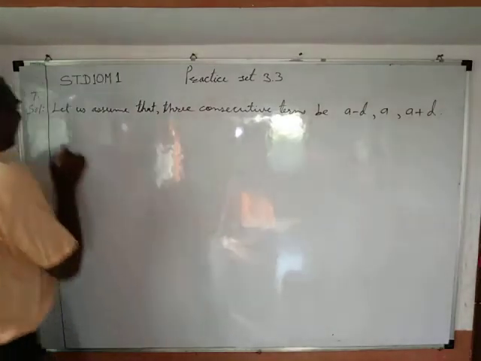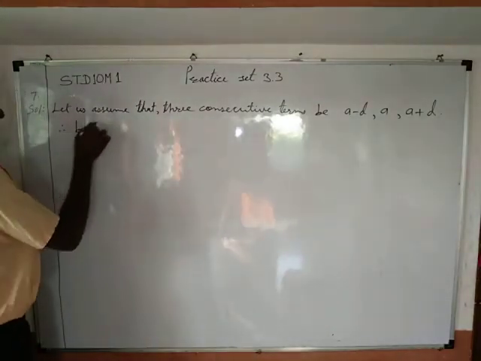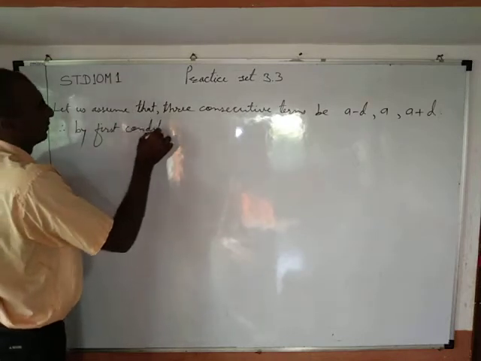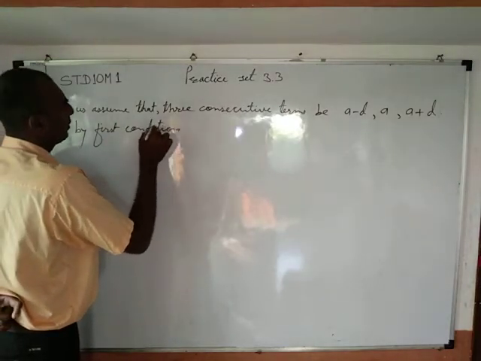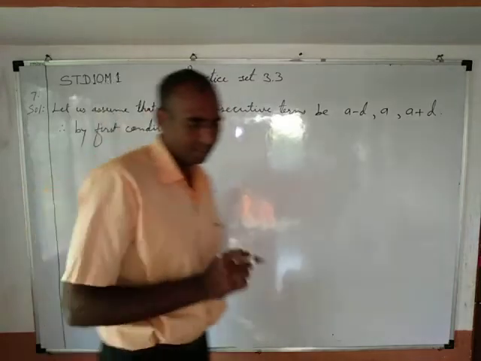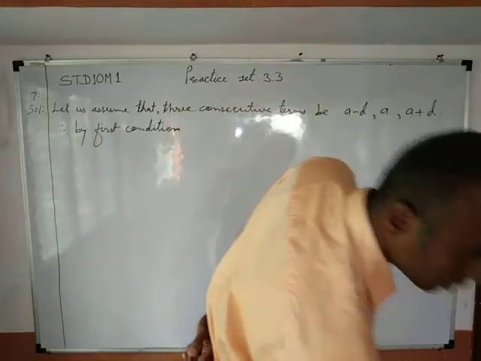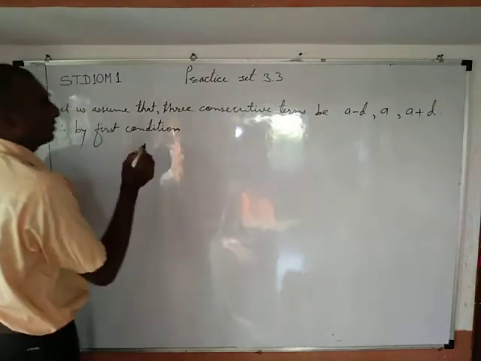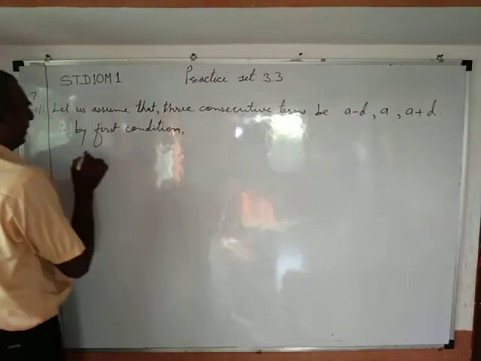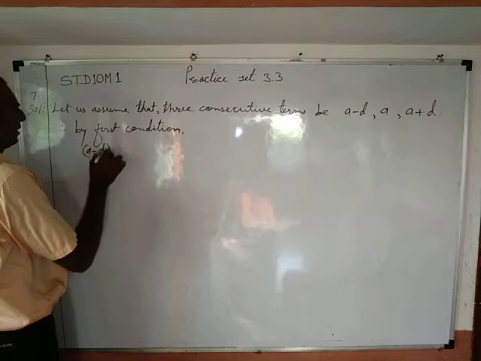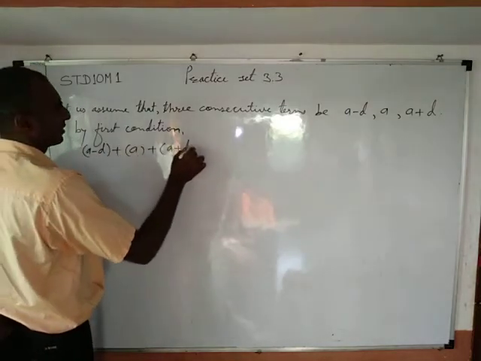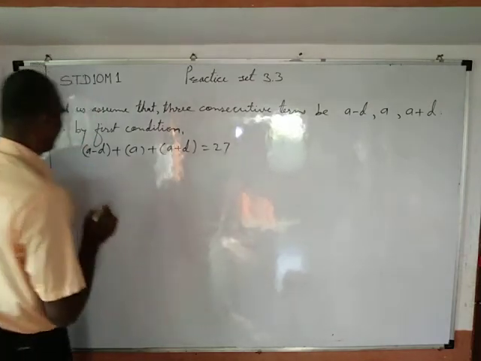Okay, and therefore, by first condition, the sum of those consecutive terms is 27, means A minus D plus A plus A plus D equals 27.